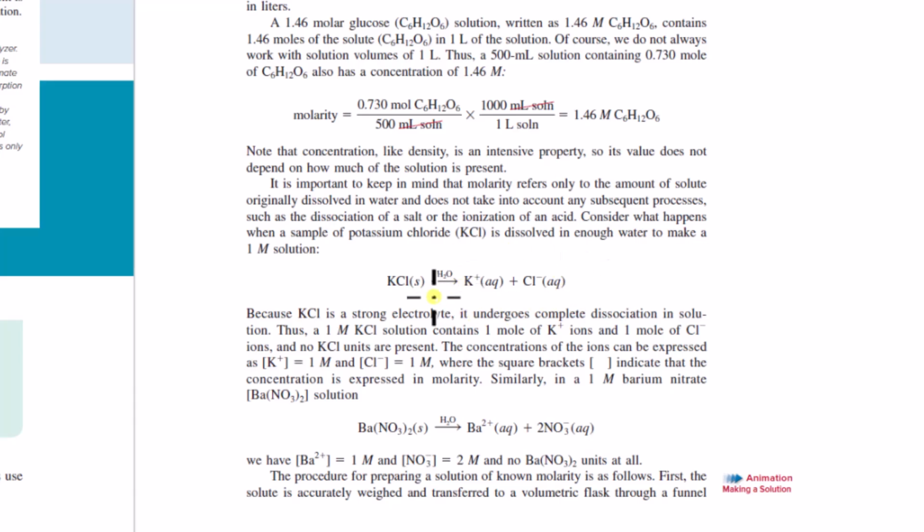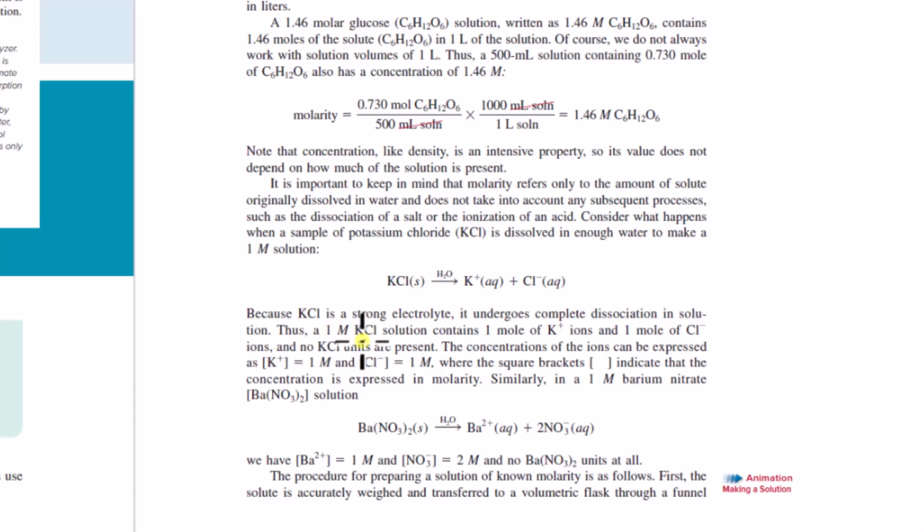For this case, we can make a statement: since potassium chloride is a strong electrolyte, it undergoes complete dissociation in solution. If it was a weak electrolyte, we couldn't state what we're about to state.